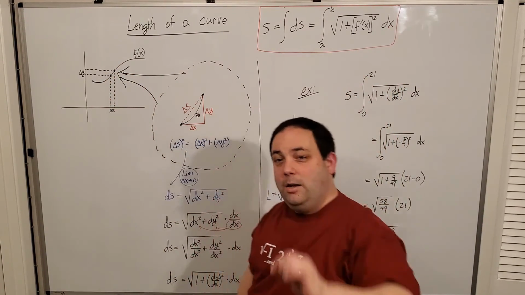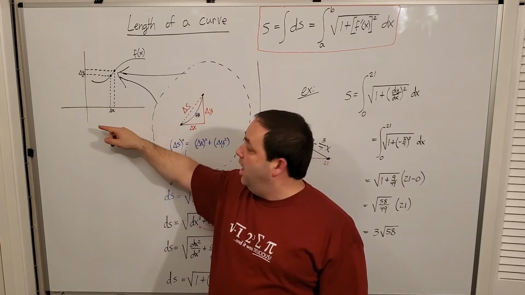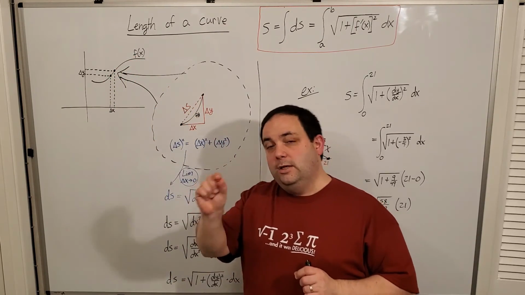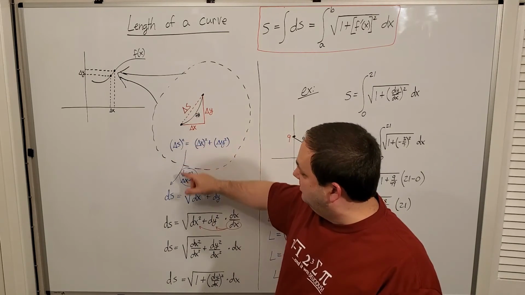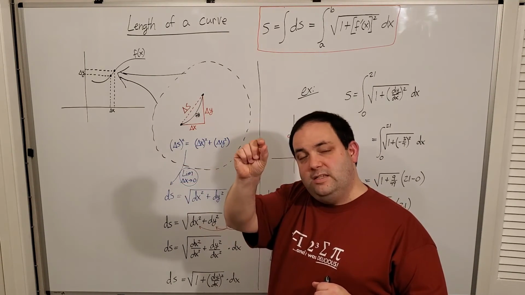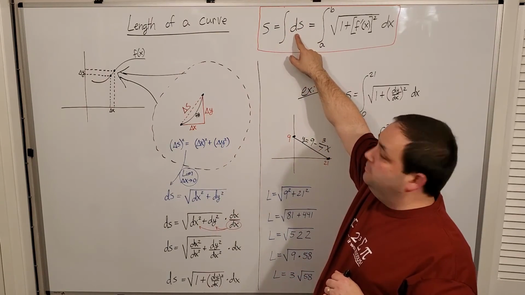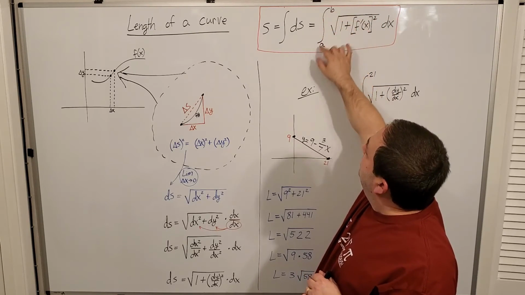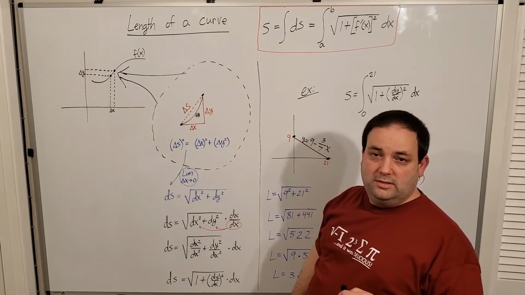So I'm not adding up dx's. dx's would be counting along an axis. dy's would be counting along an axis. I am actually adding up little pieces of curve length. That's what ds represents, little itty bitty pieces of curve. Okay? And I'm adding up a whole bunch of them. And this is actually how you can calculate the individual pieces. So when I integrate this, I'll get the length between 2 endpoints.